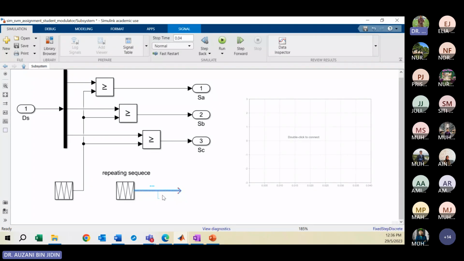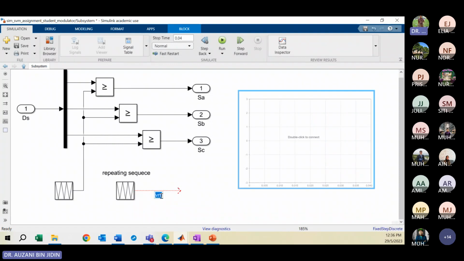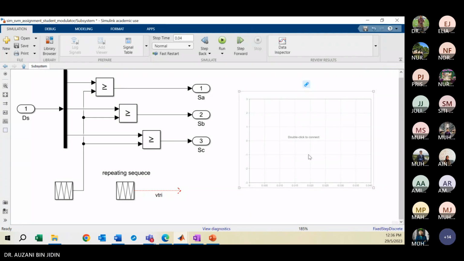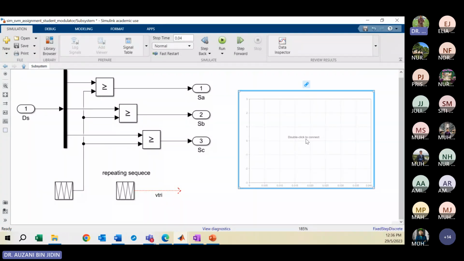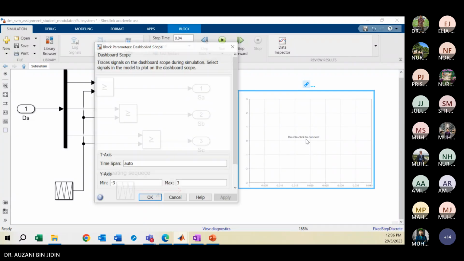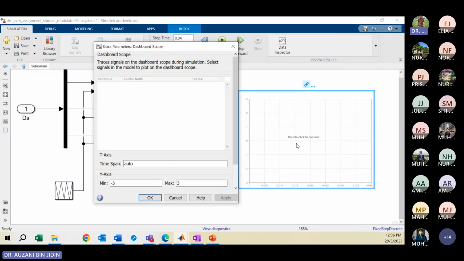We can define this as V tri, V triangular. In order to plot onto the dashboard scope, you can double click to connect this signal, V tri signal. You double click this block.